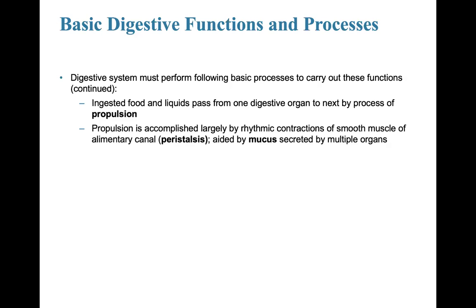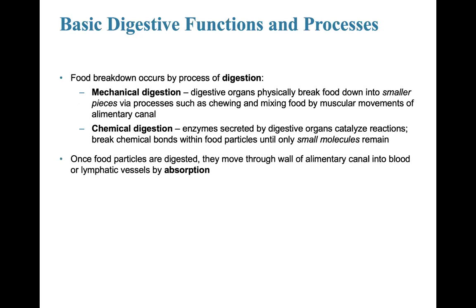Propulsion is accomplished by two main processes. One is rhythmic contractions of the smooth muscle of the GI tract, which is called peristalsis. And this is also aided by that mucus to help lubricate so things can slide along. But also by another process called segmentation, which we'll talk about when we get to the large intestines.